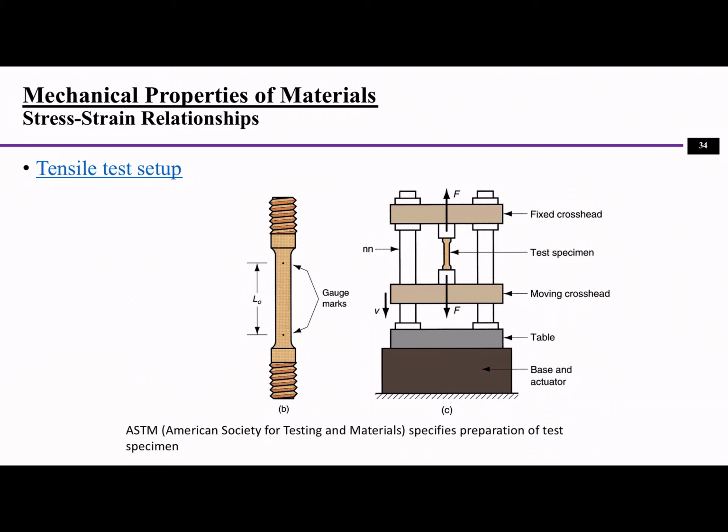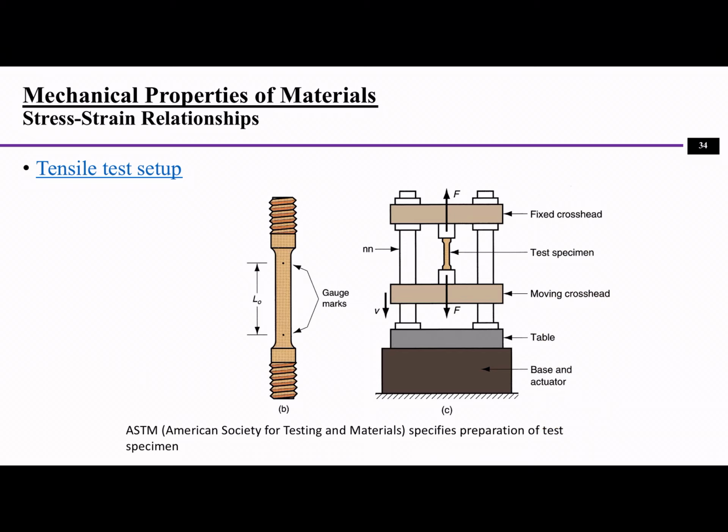And for testing, this is a typical setup of the testing. You can watch the video when you are going through the slides. The typical setup for the tensile test is standardized by the American Society for Testing and Materials.